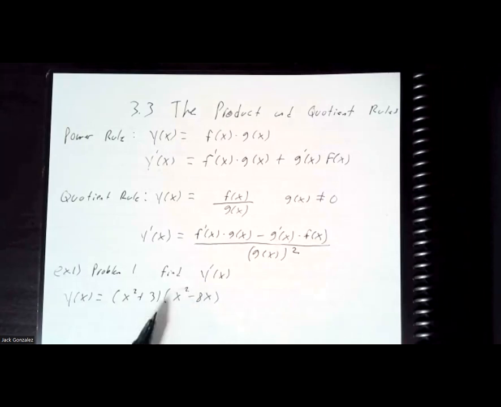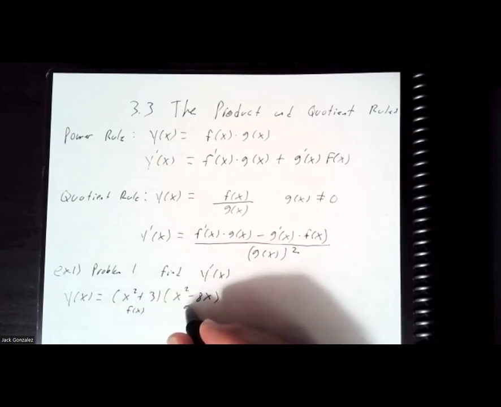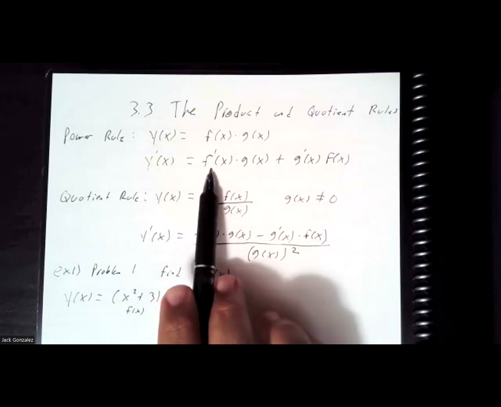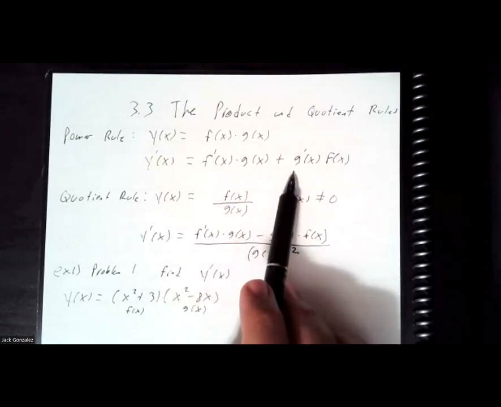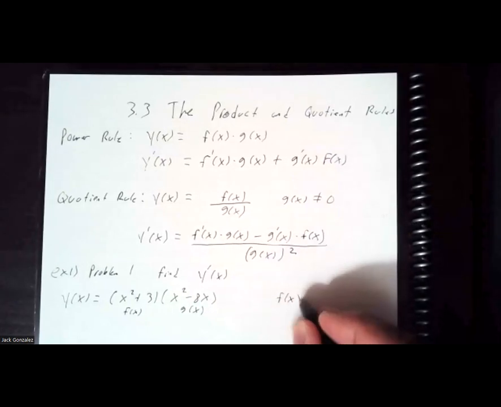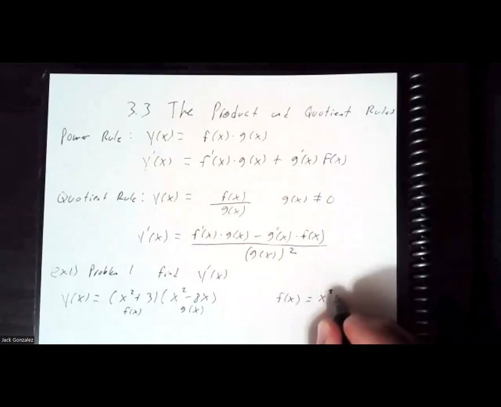So we have a product, so we have to do product rule. Treat this like your f function and your g function. Now the formula, if you look at it, needs an f prime and a g prime, right? So label right here what f is, just on the side. f will be x squared plus 3.